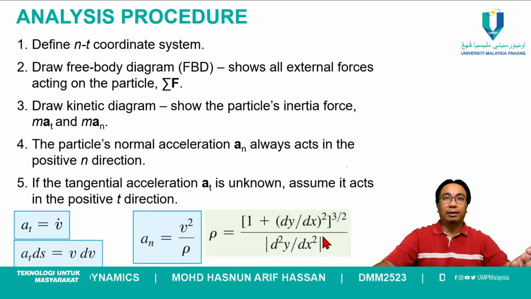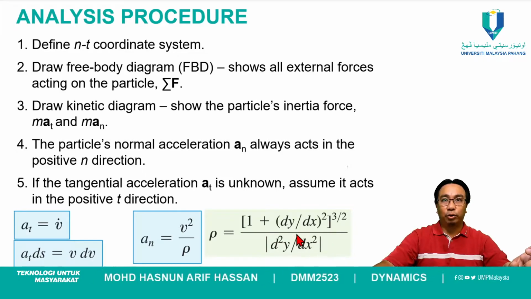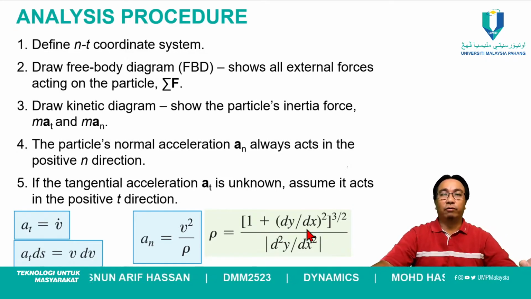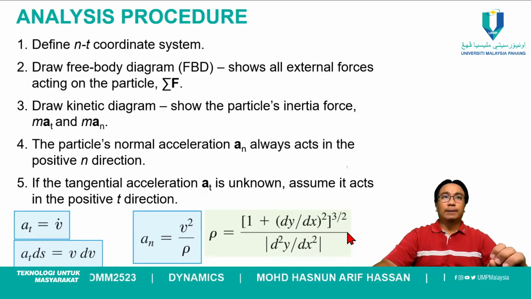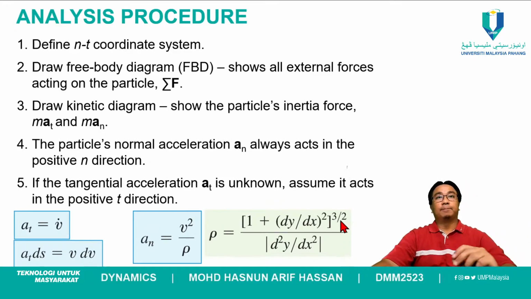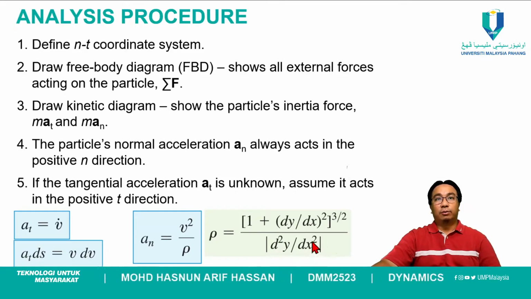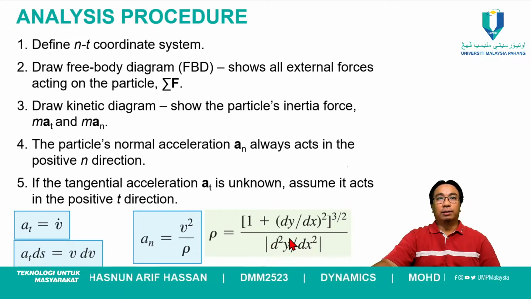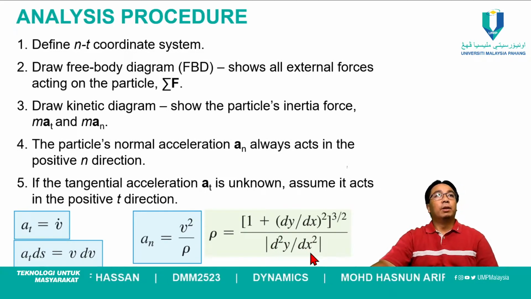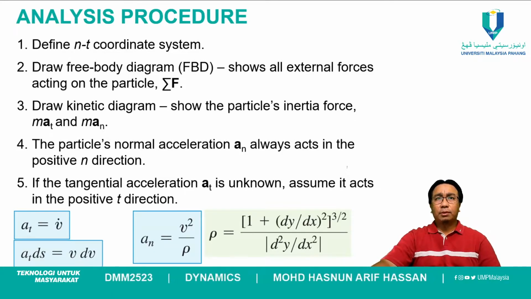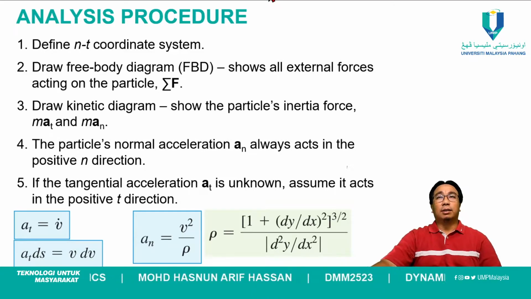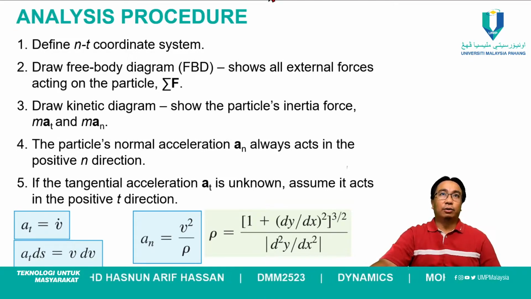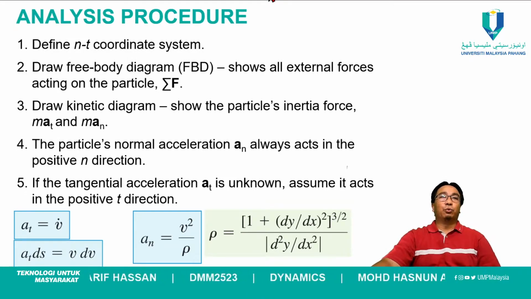This straight line shows that this is a modulus, or the absolute value, which means you can ignore the negative sign when putting the value in this equation. So basically that is all about the theory of normal and tangential equations of motion.